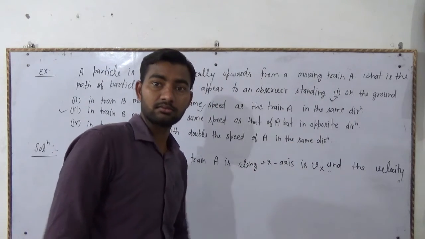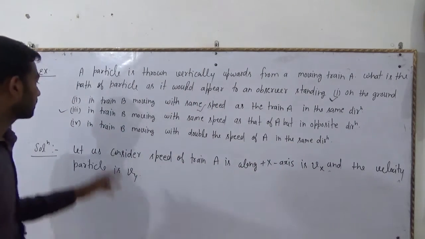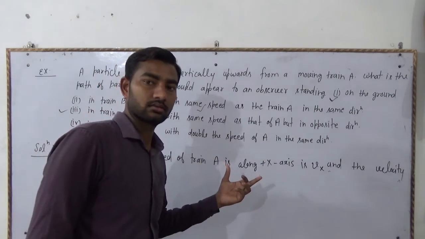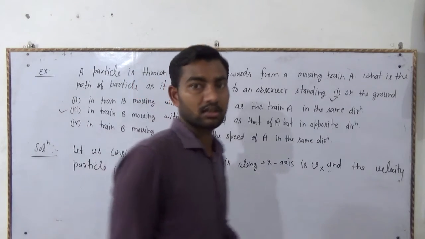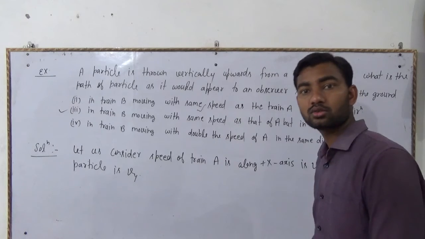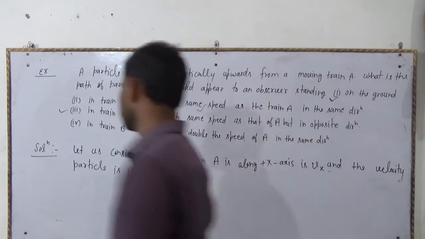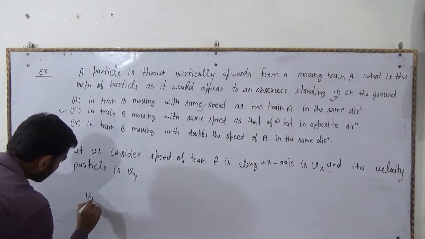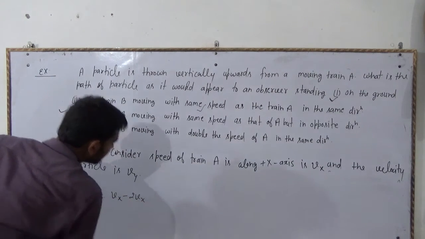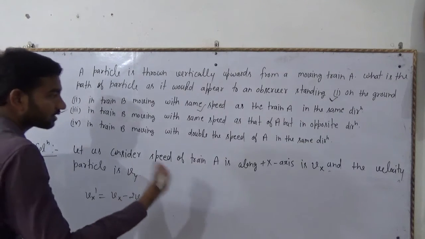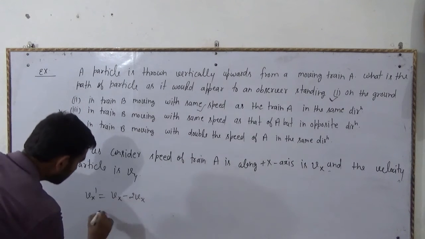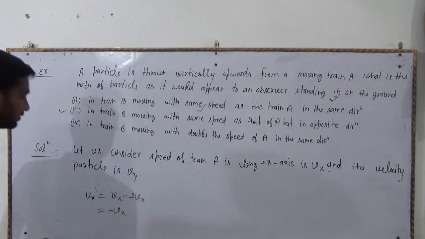Here the direction is the same, but the speed of train B is double that of A. It means the velocity of train B is 2Vx. Hence Vx dash is equal to Vx minus 2Vx, because the direction of velocity is the same. So minus Vx will be obtained here.